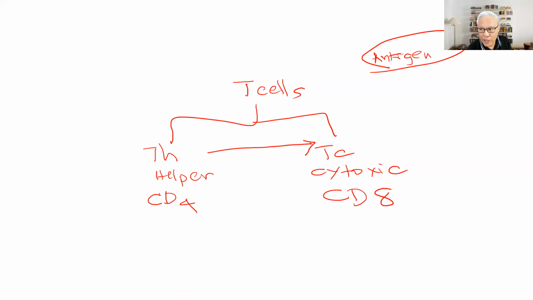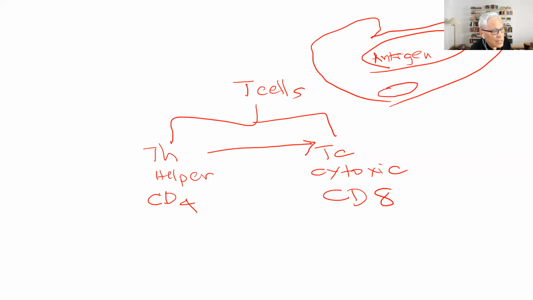The cytotoxic cells, on the other hand, are going to come over here and capture this antigen. Once they capture it, these CD8 cells contain a poison, and these poisons are called lysosomes.